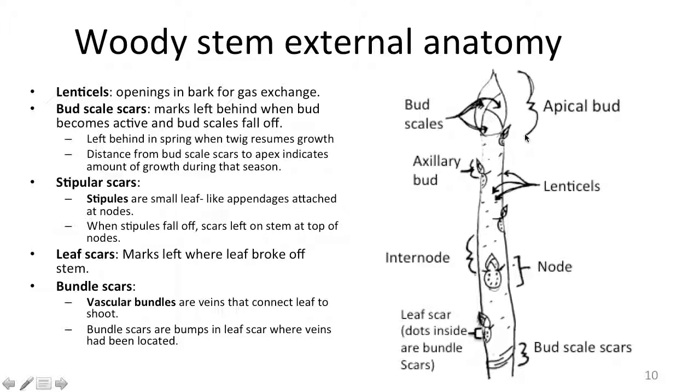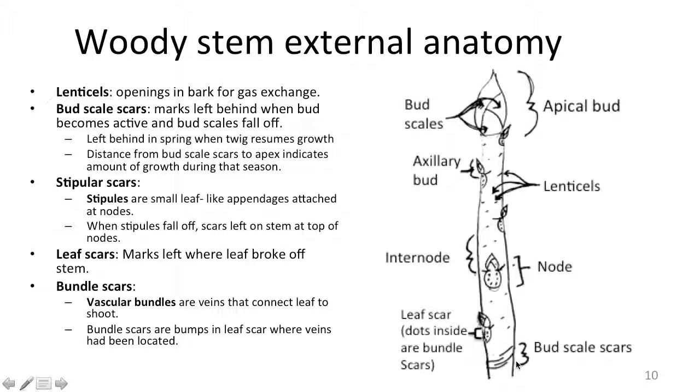So if we look down the stem to where it had started to grow during the previous spring, we will see these marks that go a good portion of the way around the stem, and those are the bud scale scars. So the distance from the bud scale scar to the apex, from here to here, is an indication of how far this plant grew since the last dormant, or in this area, the last winter season.